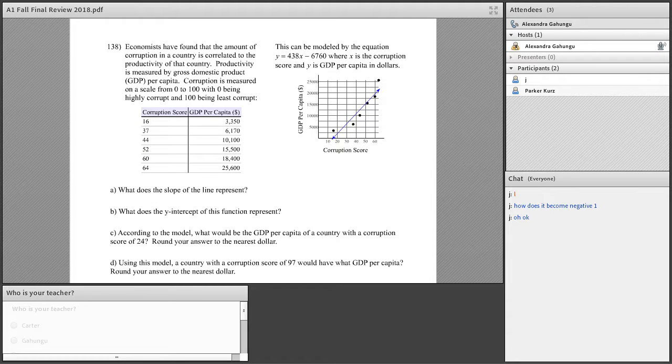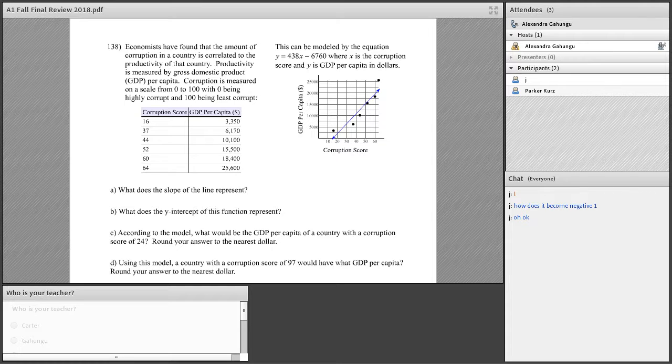More graphing, and then I think this might be close to the last ones. For these, we do a little bit of reading. So we've got an equation to model our corruption score and GDP.